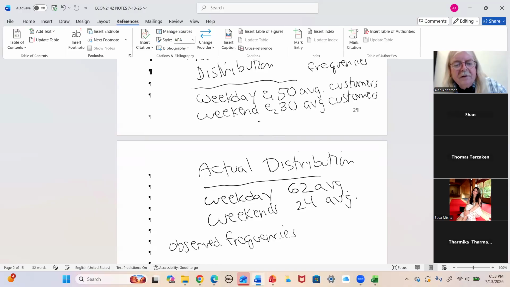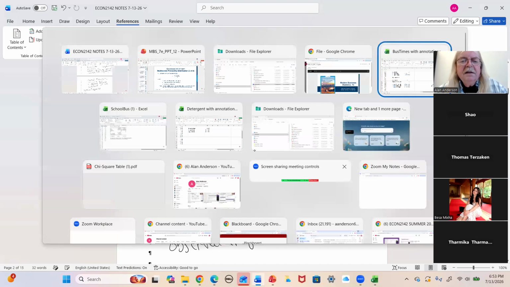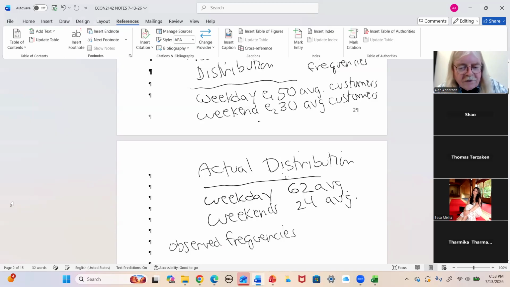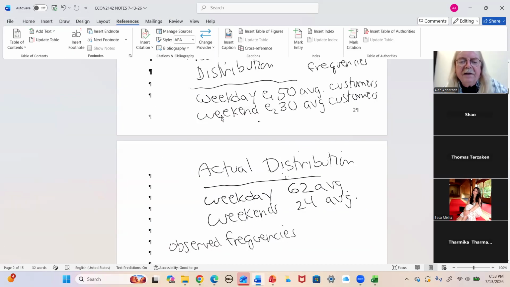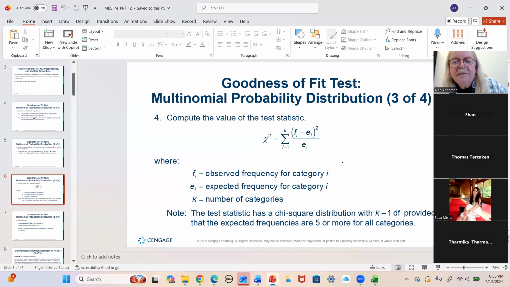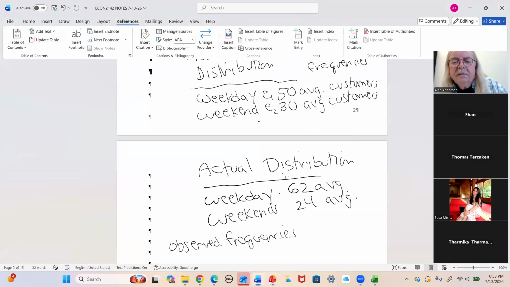In this book, every book is different, it looks like they're going to use E. Some books use O for this. So let me just double check. E, yeah, it's E. Oh, sorry, it's F. F for actual or observed.